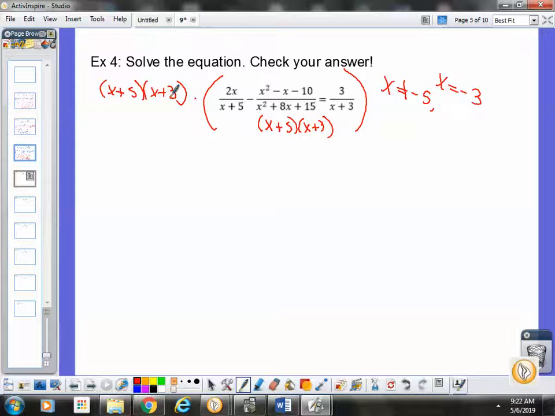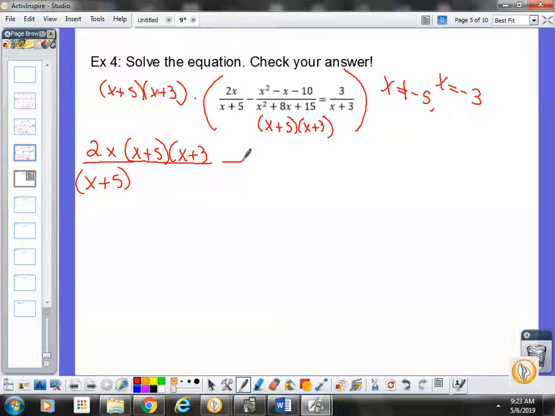So let's go ahead and distribute that x plus 5 and x plus 3 to each of those terms. Now my numerator in that middle term, I could go ahead and factor, or I could just leave it. I'm thinking ahead.